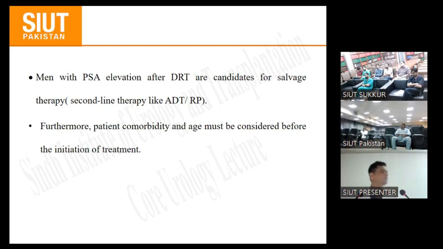Now, the treatments for a localized prostate cancer are only two: one, radical radiotherapy, and the second one is radical prostatectomy. Now, if we take radical prostatectomy, once the patient is through radical prostatectomy, after say 1 month post-operatively, the nadir value of PSA should be 0.000.